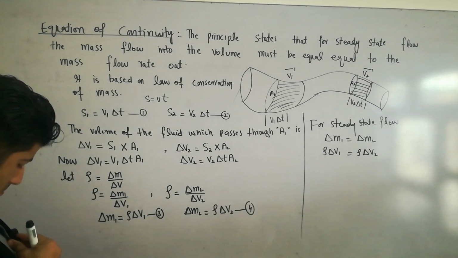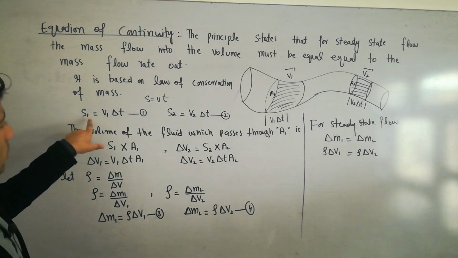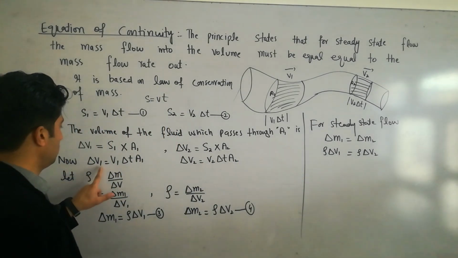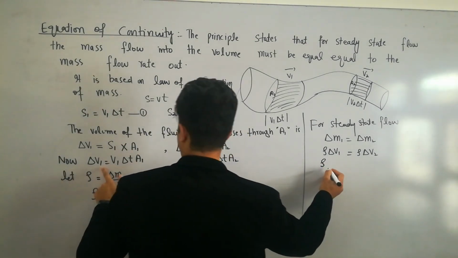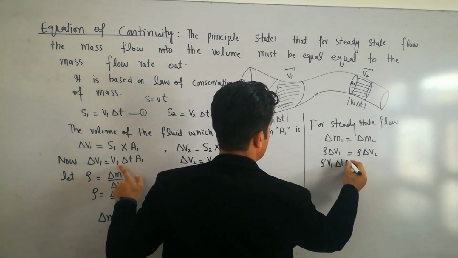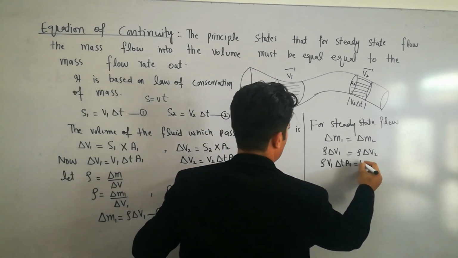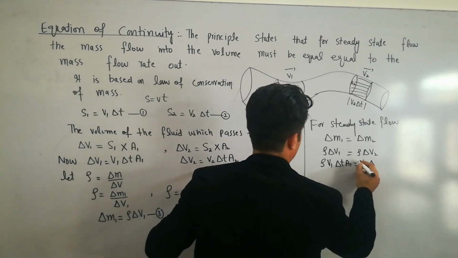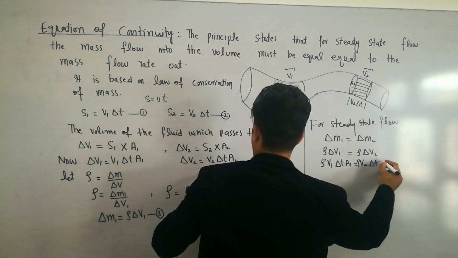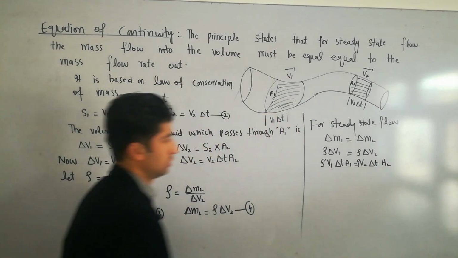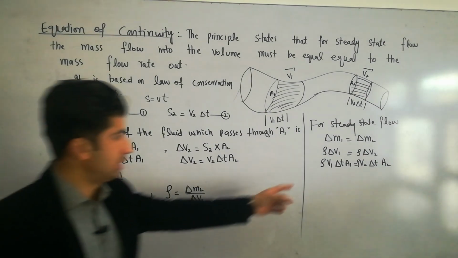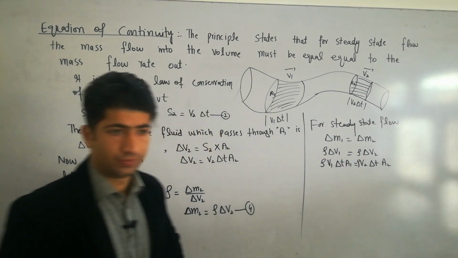Now put the values of delta V1 and delta V2: rho V1 delta T A1 is equal to rho V2 delta T A2.